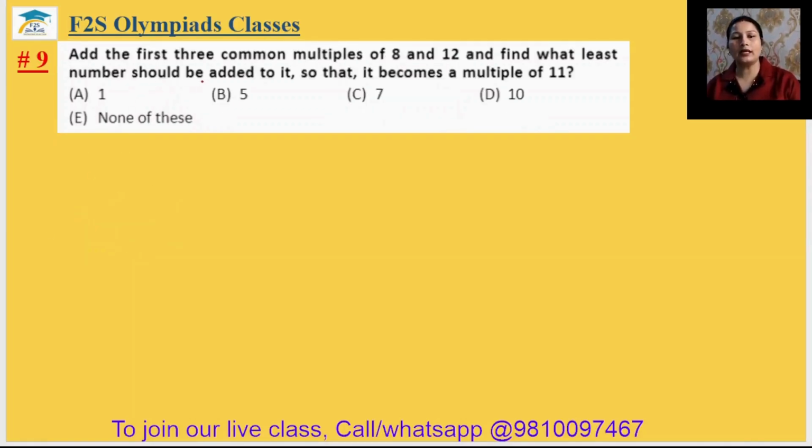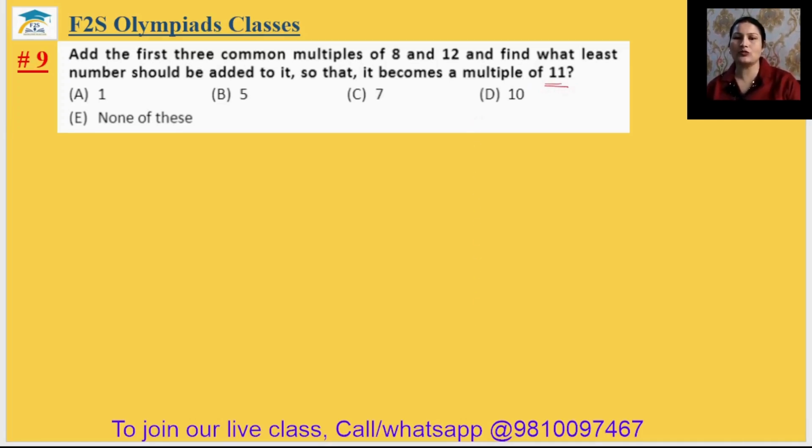Question 9. Add the first three common multiples of 8 and 12 and find the least number that should be added to it so that it becomes a multiple of 11.